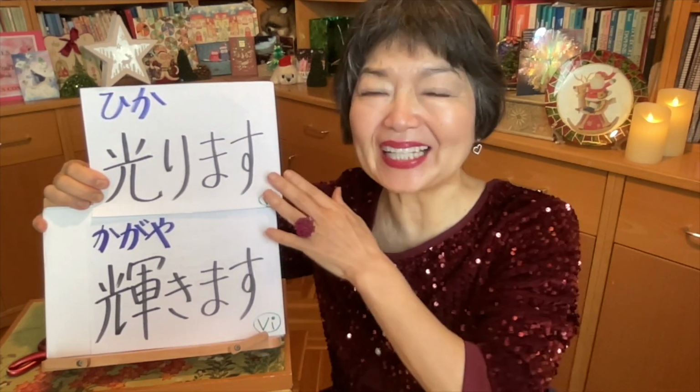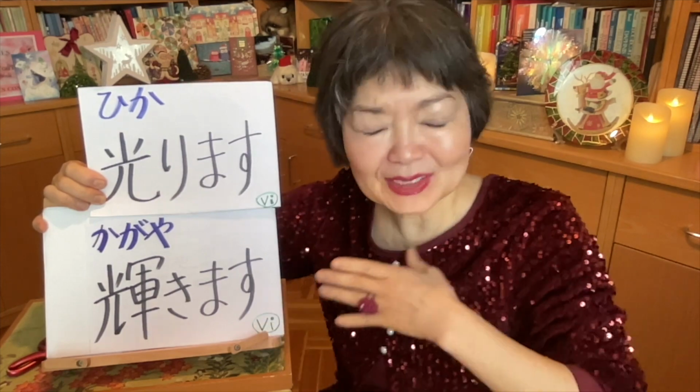The difference between hikarimasu and kagayakimasu: both shine, okay, but with hikarimasu the quantity of light is less than kagayakimasu. Kagayakimasu is to glitter, so much more light than hikarimasu.